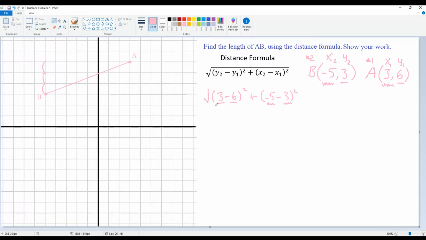So 3 and 6 were both y coordinates. -5 and 3 were both x coordinates.